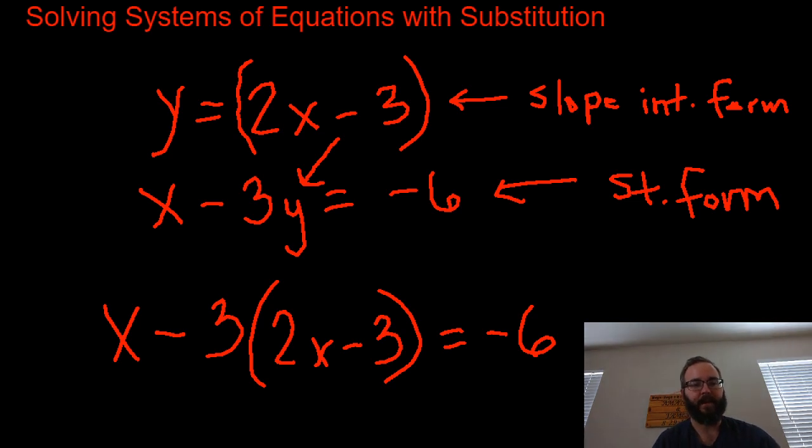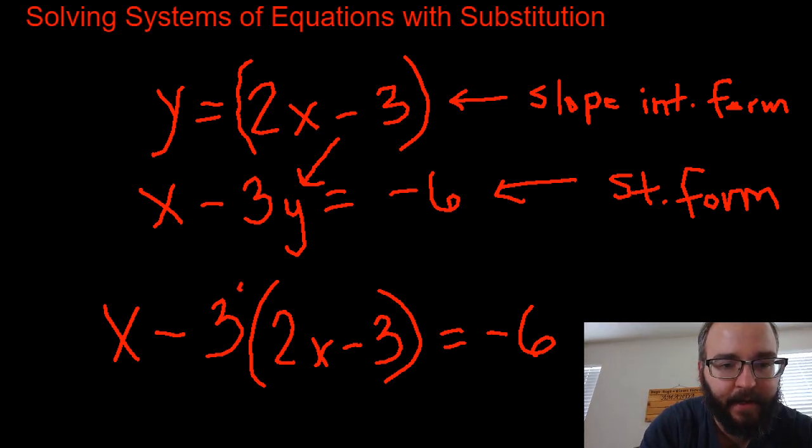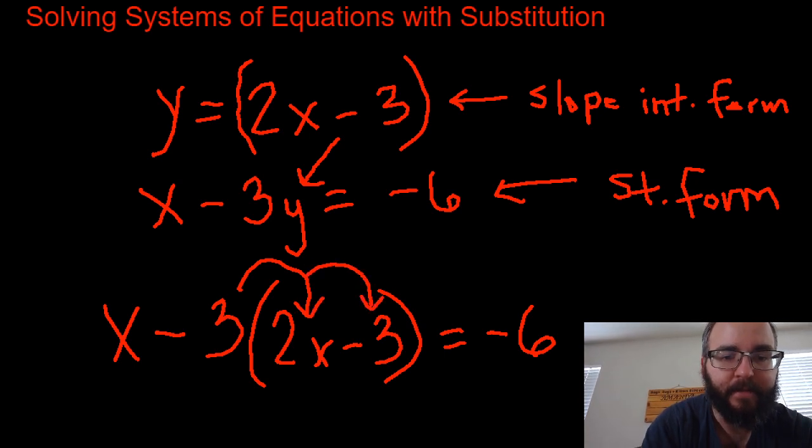Well, we can go ahead and distribute the -3 to both parts within our parentheses. And if we do, we should get x minus 6x plus 9 equals -6.